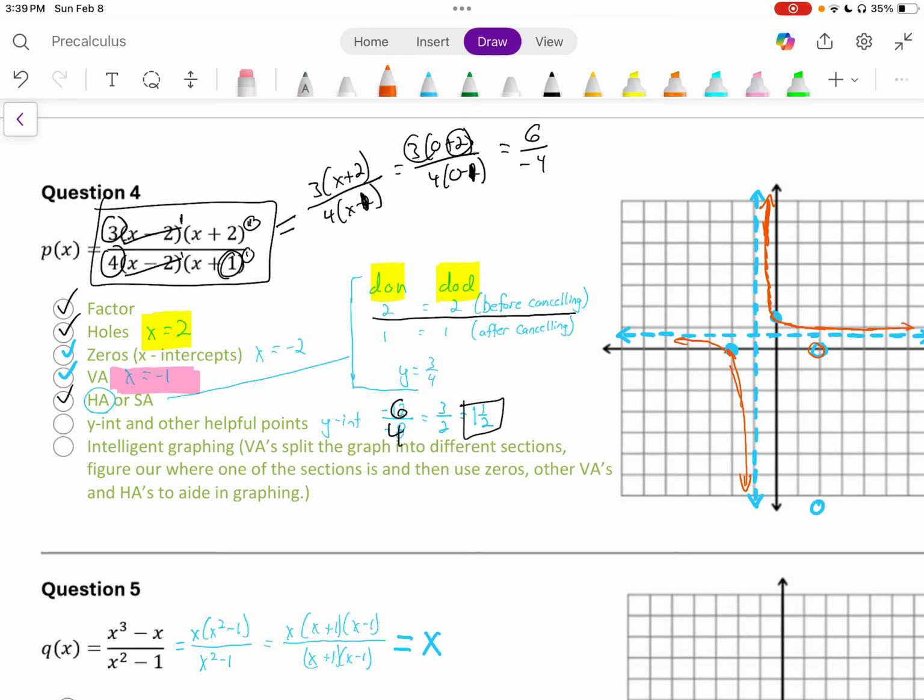It just tells us that I need to go back and put a hole in the graph at x equals 2. So I'm going to erase that and then put an open circle. And then after I do that, I actually like to get rid of this circle anyway, so it's not there. So there is the graph of P of x.